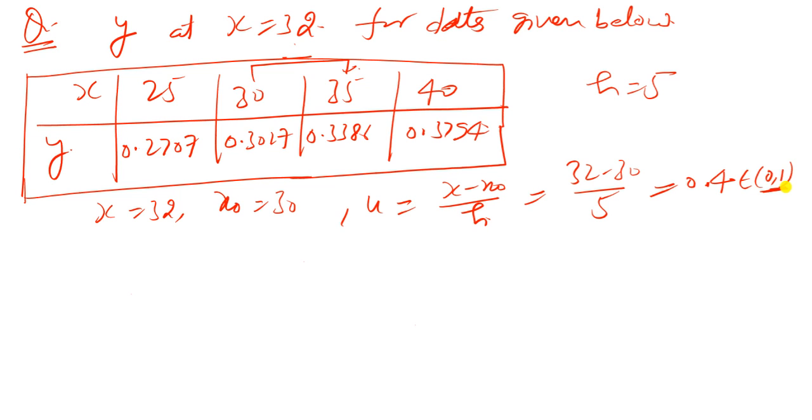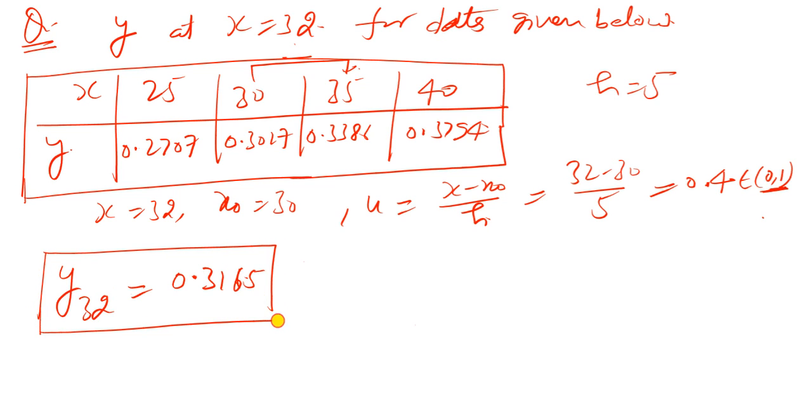Construct the difference table, and using the value of u, substitute in the formula, then compute the value of y at x is equal to 32, which is 0.3165. In this way, complete this problem by using the Gauss forward interpolation formula.